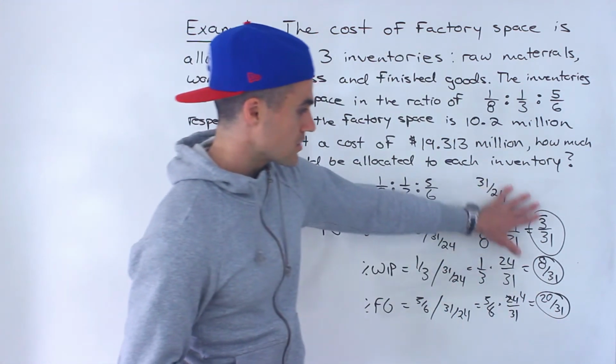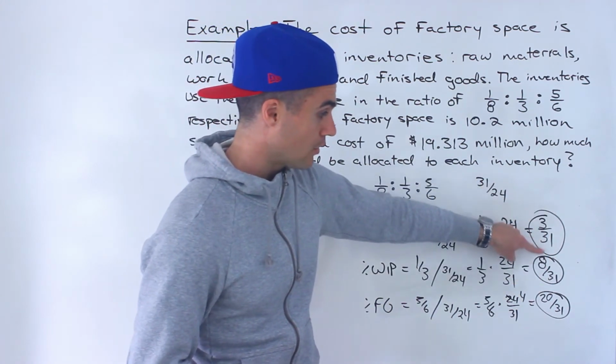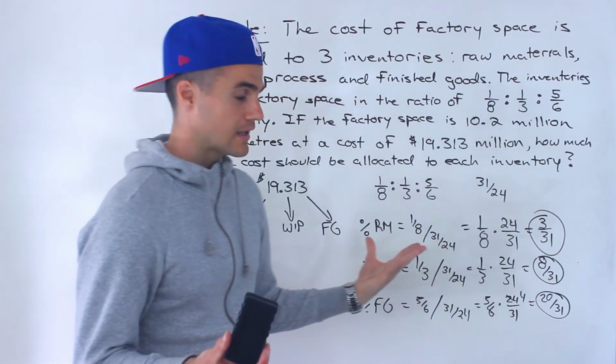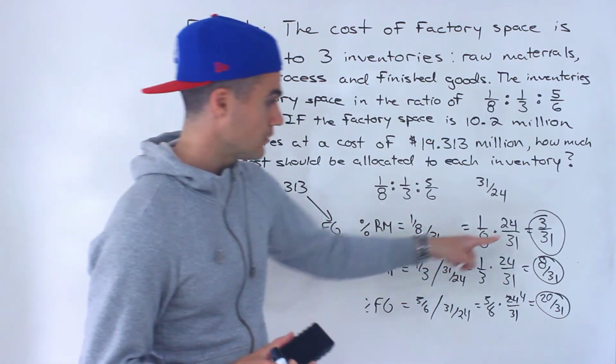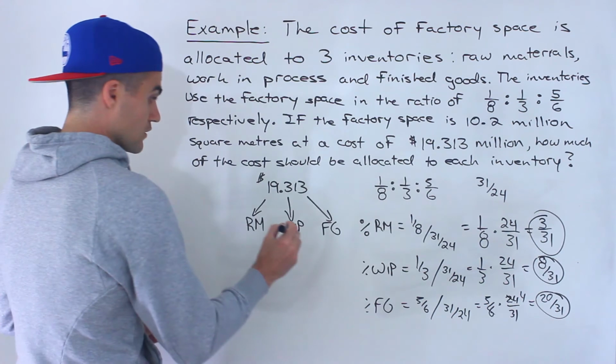Those are the percentages, or the fractions. If we add up 3 plus 8 plus 20, we get 31 over 31, which is 1. Remember, these fractions should add up to 1.